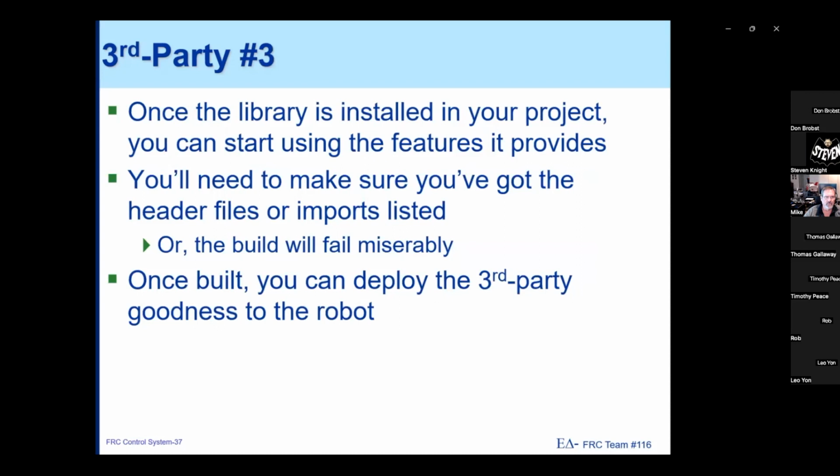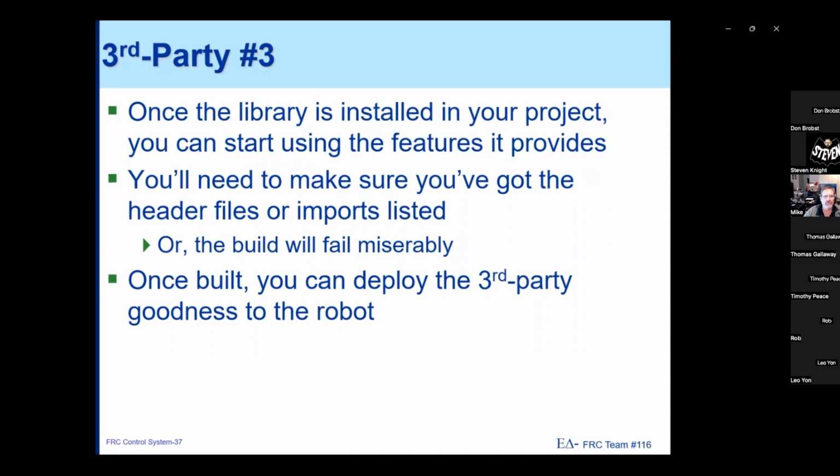Once the library is installed in your project, you can start using the APIs that it provides. However, you'll need to make sure that you've got the header files or the imports listed inside of the source code. So you'll say import CTRE Phoenix or something along those lines. That will make sure it brings the header files in so that the compiler can run.